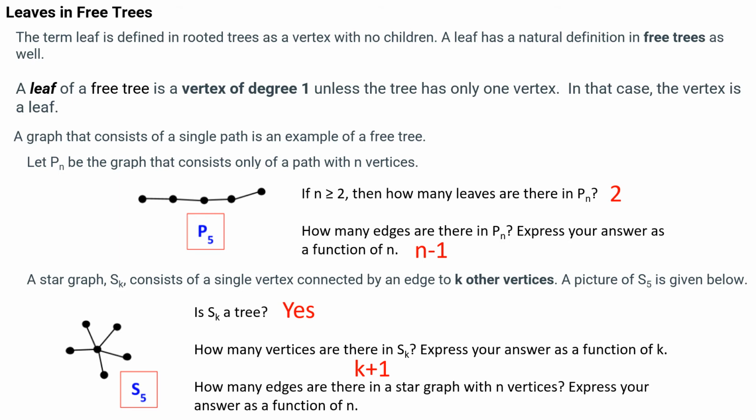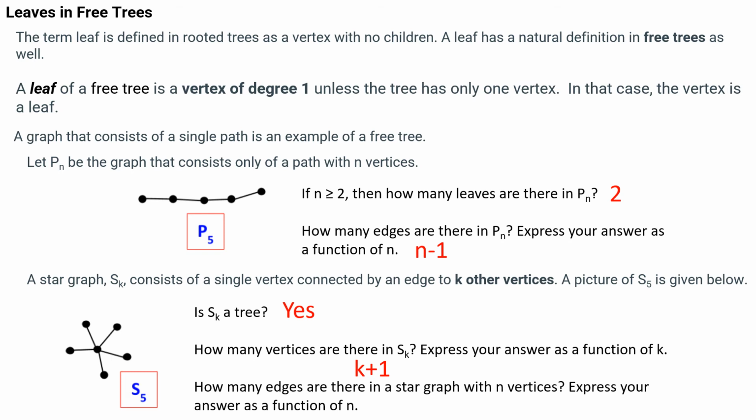Now, how many edges are there in a star graph with n vertices? Okay, so n now is not that subscript on the S. n now is actually the number of vertices. So in this S5, we've got 6 vertices. And how many edges? 1, 2, 3, 4, 5.